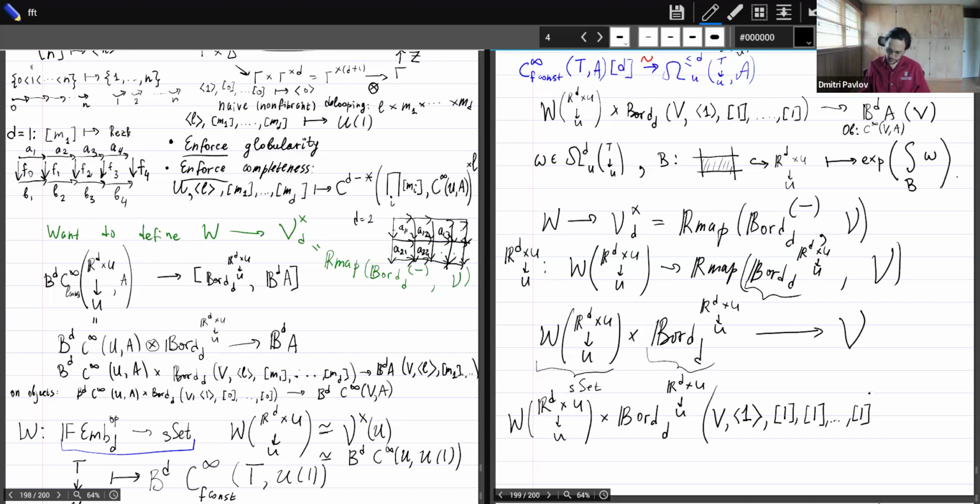Which is how you encode dimorphisms in a complete and full default single space. And we have to land in curly V, evaluated on the same objects, and a bunch of ones, D of them precisely.